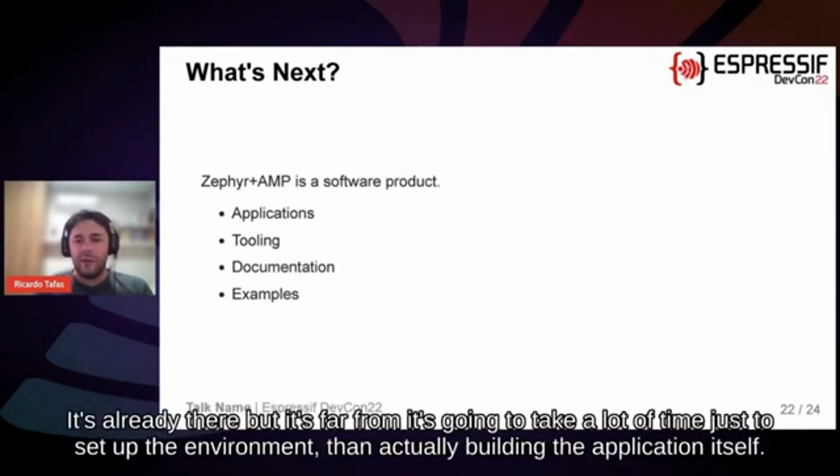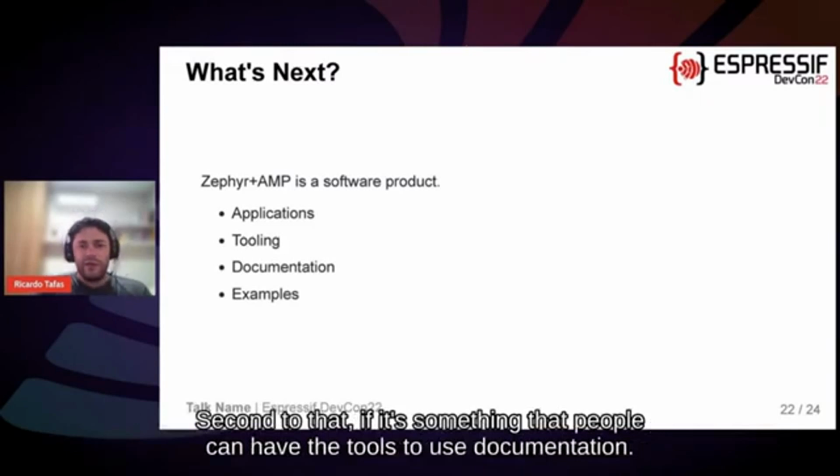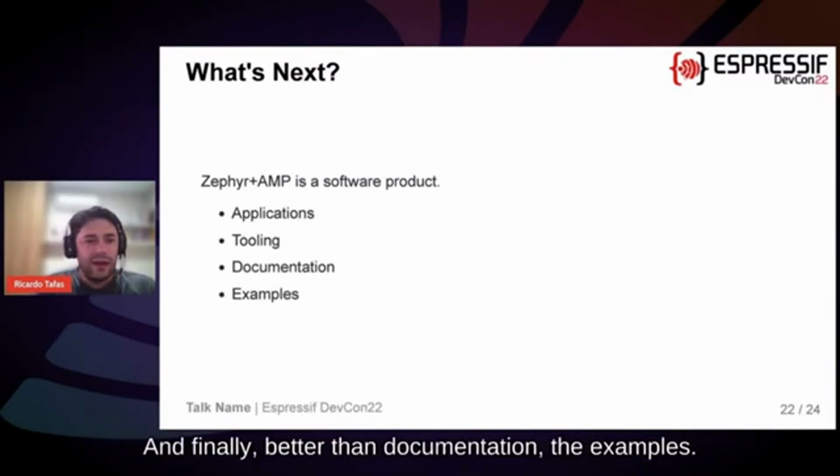It's already there, but it's going to take a lot of time just to set up the environment, and then actually build the application itself. Second to that, once people have the tools to use it, documentation, and finally, better than documentation, the examples.